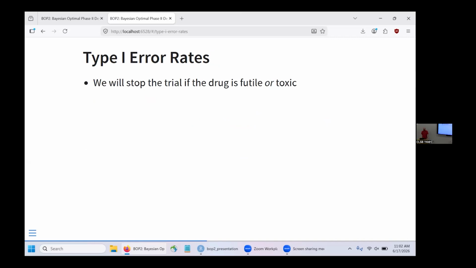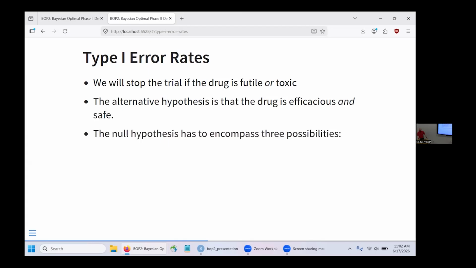So it's easy to stop the trial in the sense that only one of these two things needs to be true, either futility or toxicity. We don't need both in order to quit. The alternative hypothesis is that the drug is efficacious and safe. So the null hypothesis has to encompass 3 possibilities: that the drug is futile and toxic.